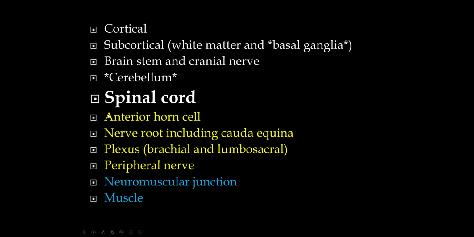Then we've been through all of these conditions in yellow, which have lower motor neuron findings. So remember, peripheral neuropathy, it's stocking glove, radiculopathy and plexopathy. We have focal weakness, focal sensory loss, focal reflex changes in whatever root or plexus distribution we're talking about.